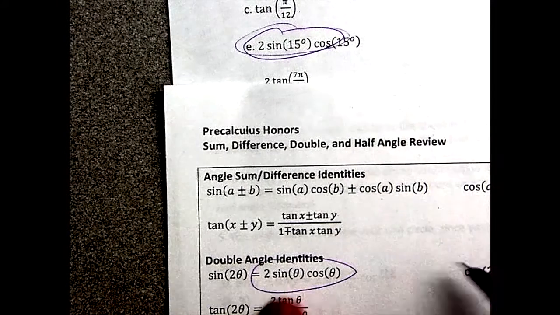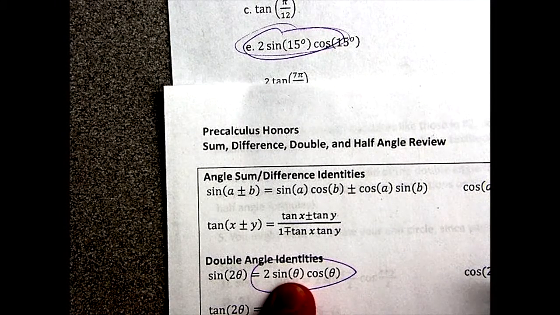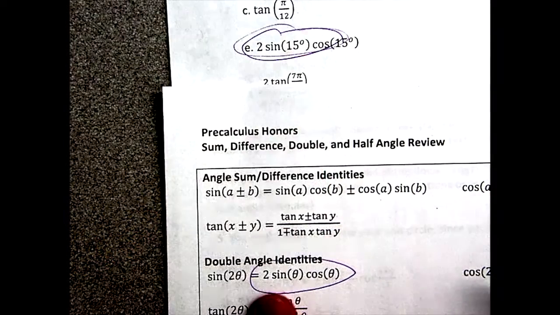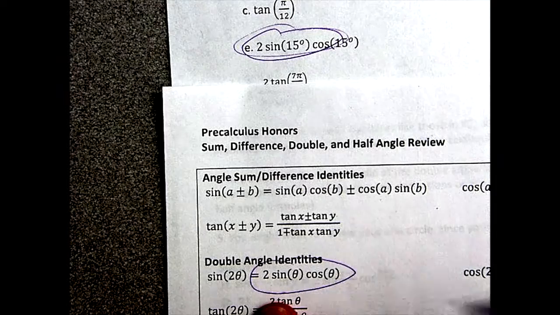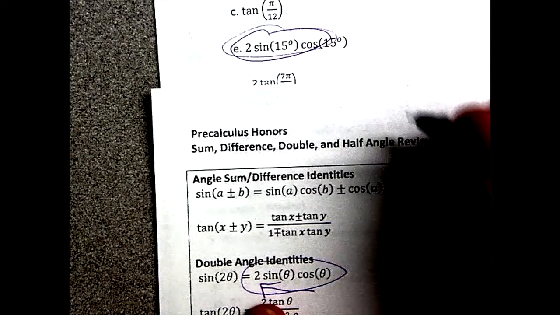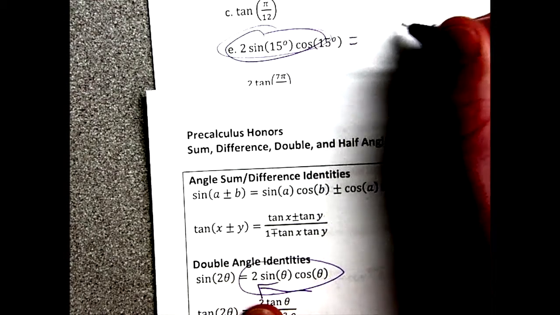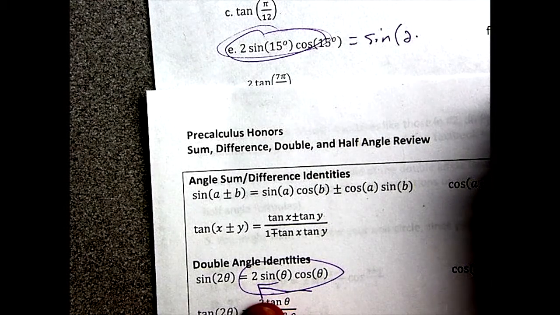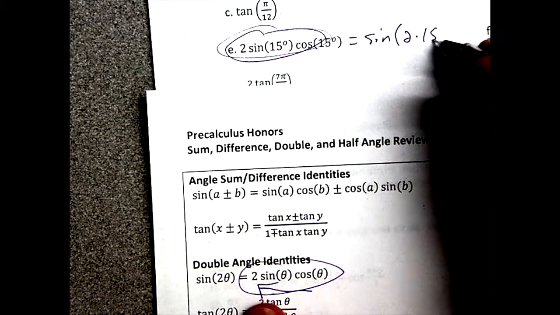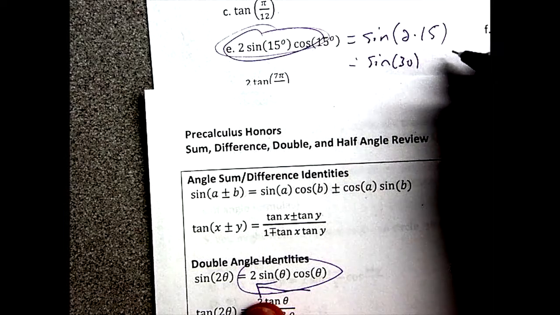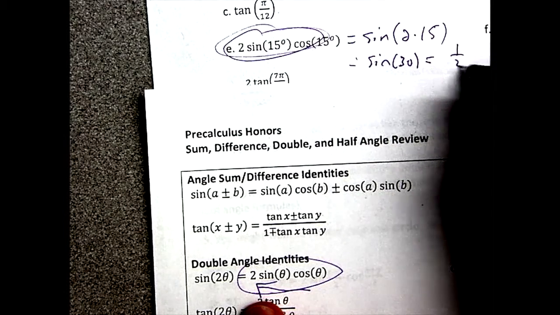This thing right here is just the same as this, where theta is 15 degrees. So reading this identity backwards tells you that this expression must be just equal to sine of twice theta. And what is theta? It's 15, so sine of 2 times 15, which is just sine of 30, which we know is a half. So that's the answer.